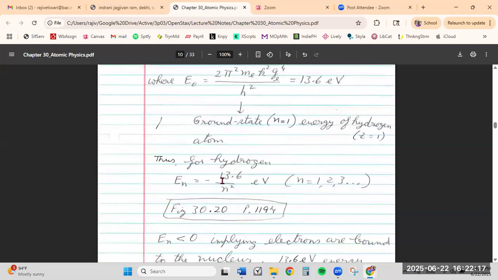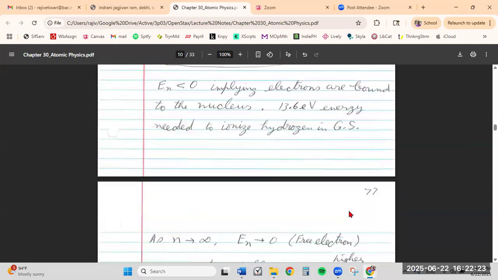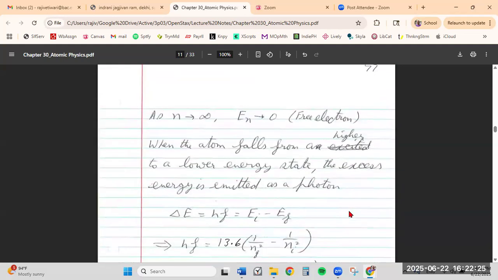So from here you can see as n approaches infinity, En would approach 0. And having a total energy of 0 basically means we now have a free electron. It's not bound to any atom. It's free to roam anywhere in the available space.